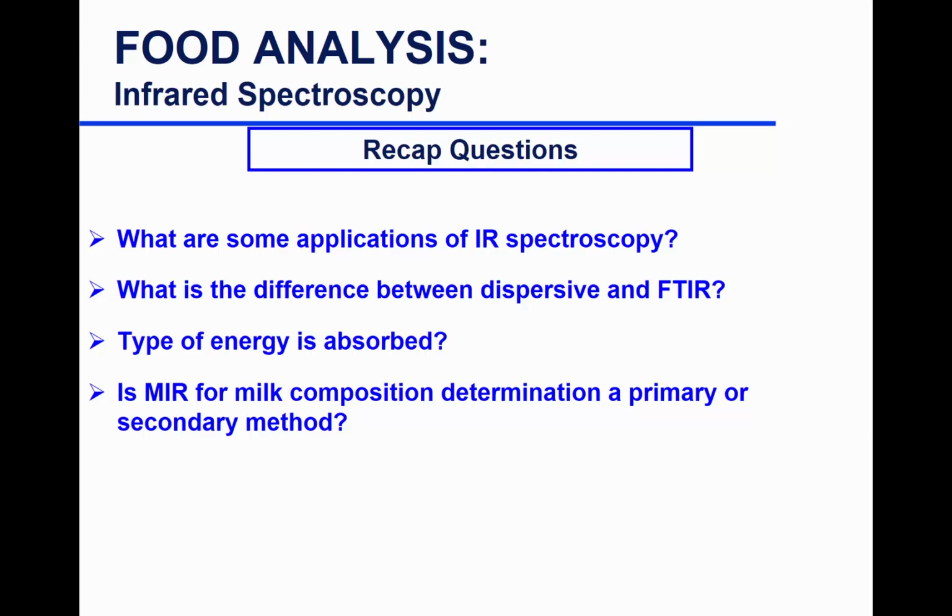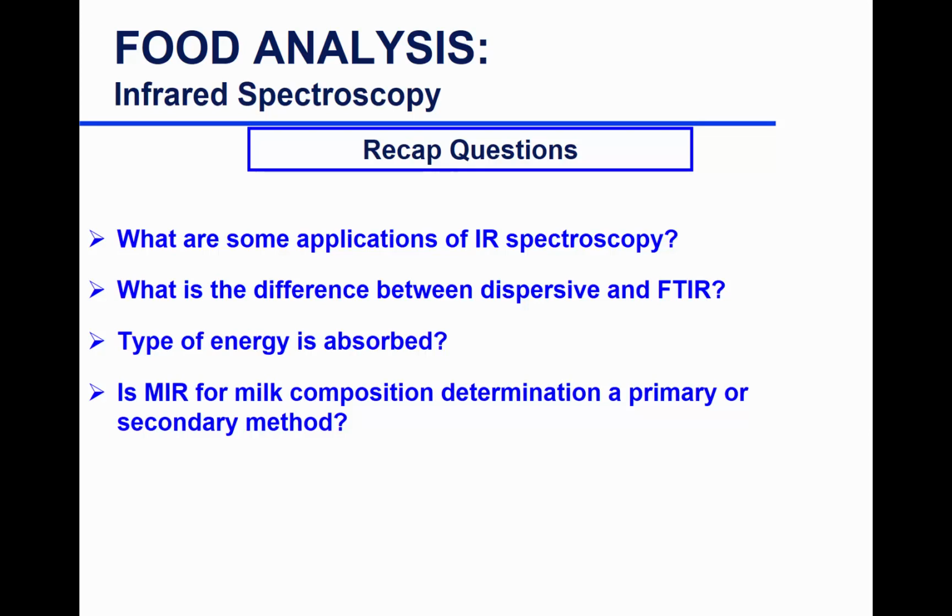These are secondary methods. Oh, I answered this one. They're secondary methods because you use primary methods or official methods to calibrate the instrument. Okay. Structural elucidation and identification. So these are some applications of IR.